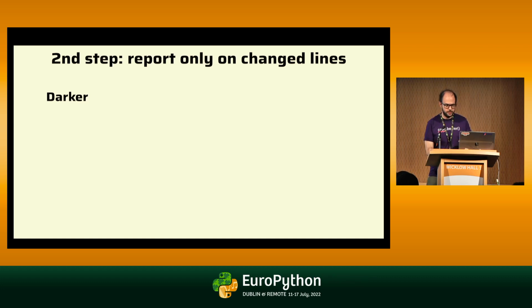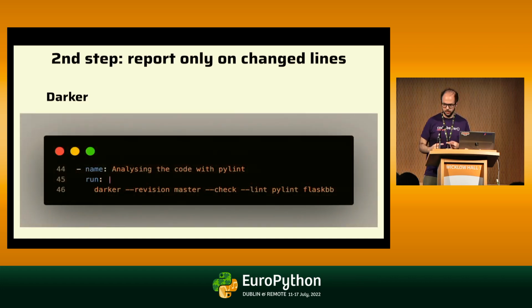The concept here is that we're going to simulate that. We're going to introduce Darker in our CI configuration, and we're going to run Darker on top of the Pylint analysis. So we're going to run again the Pylint command, and we're going to tell Darker to do a diff, implicitly between the current branch, the code where Darker is run, and the main branch of the application.